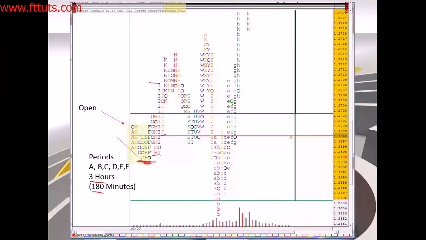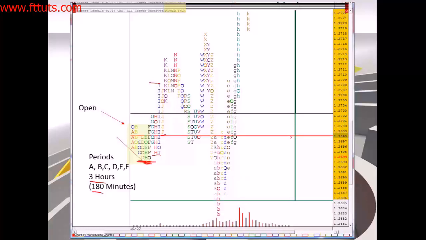That's not a big move by any stretch of the imagination, given the fact that we are looking at a number of hours here. We're looking at about 17, 18 pips for this whole move up.